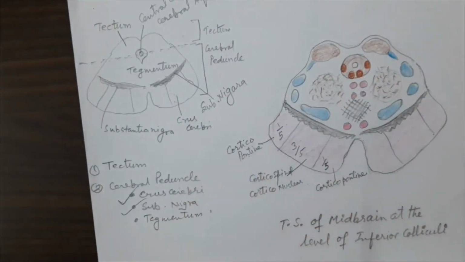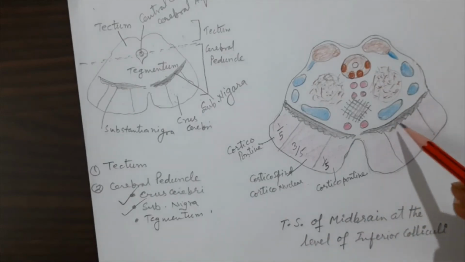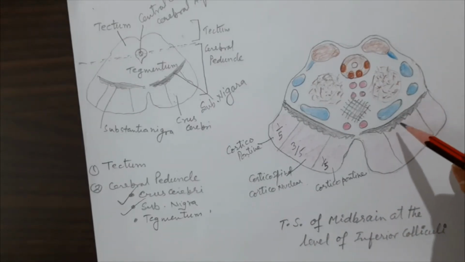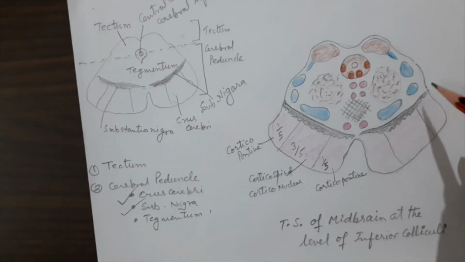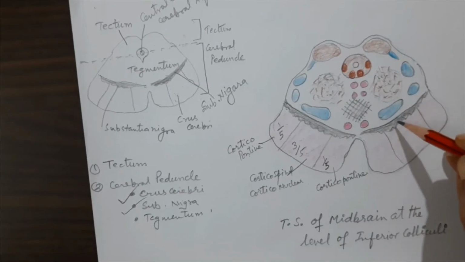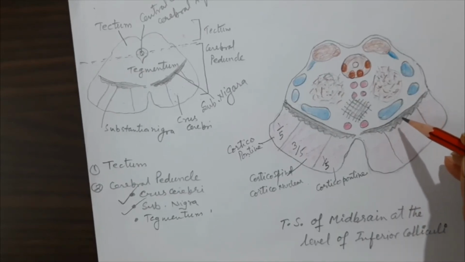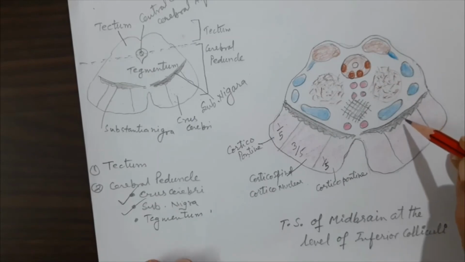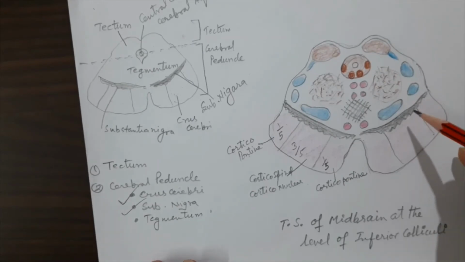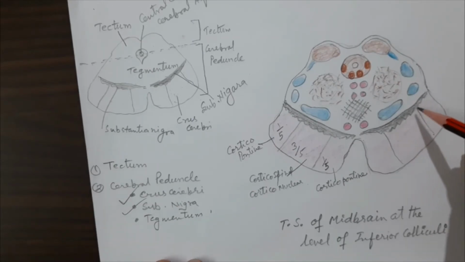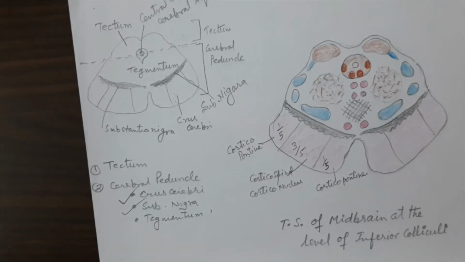Let us come to the second part, that is the substantia nigra. Substantia nigra is a strip of gray matter, a band of dark gray matter. It is dark because it contains the nigral cells, neurons which contain melanin pigment in their cytoplasm, and these neurons are involved in the synthesis of dopamine.